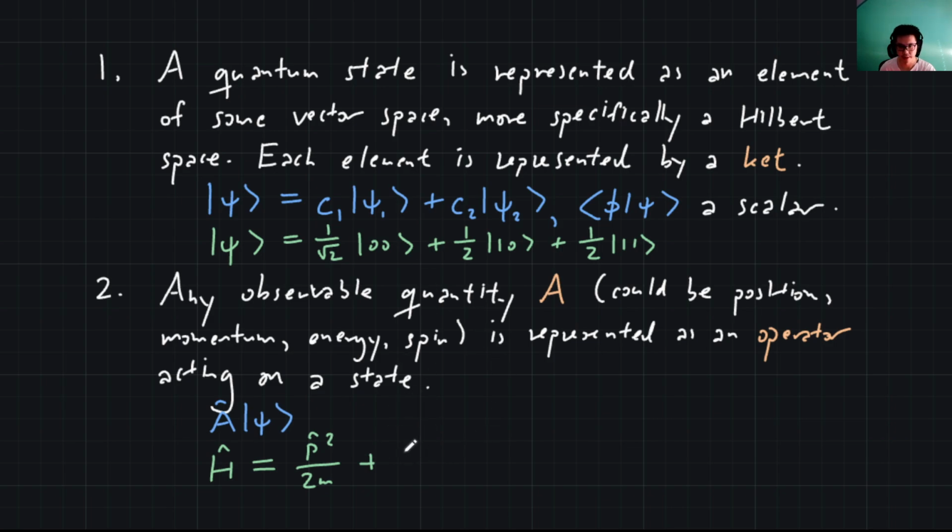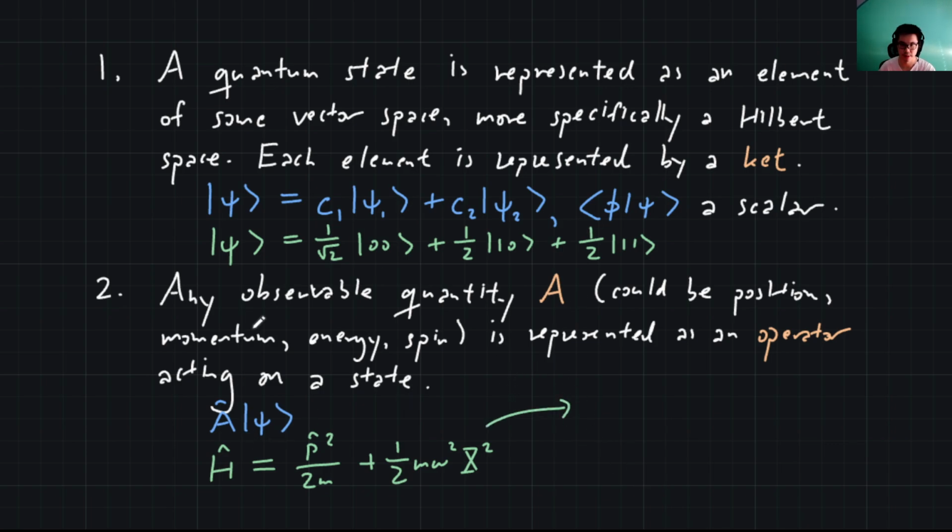So it could be half of m times the spring constant analog times x squared. This represents the Hamiltonian of a harmonic oscillator, which is just a fancy word for anything that moves like a spring.